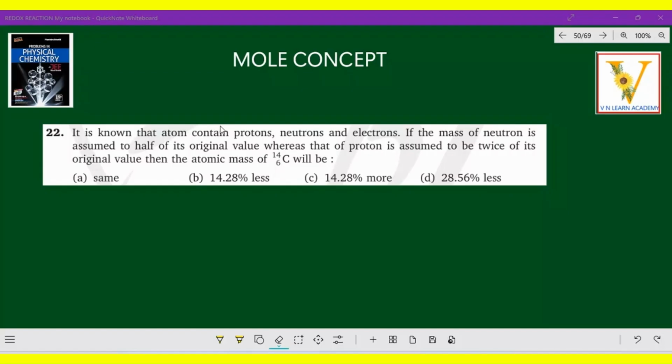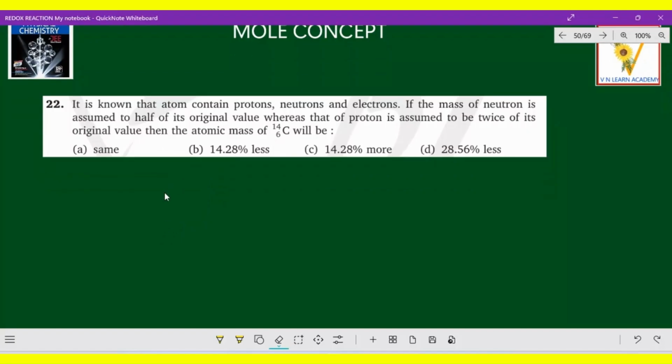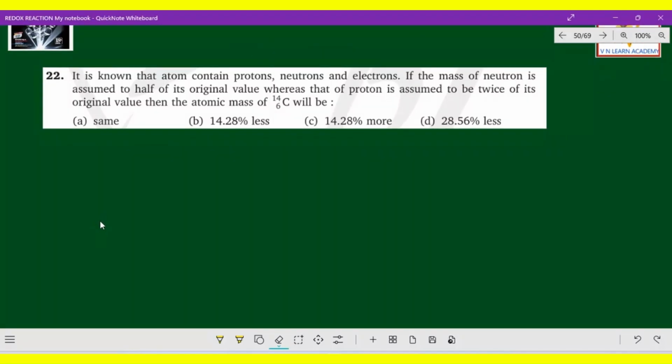It is known that an atom contains protons, neutrons, and electrons. If the mass of a neutron is assumed to be half of its original value, whereas that of a proton is assumed to be twice its original value, then what is the atomic mass of 6 carbon 14? Here I just mentioned each data so that it will be easy for us to identify the answer.